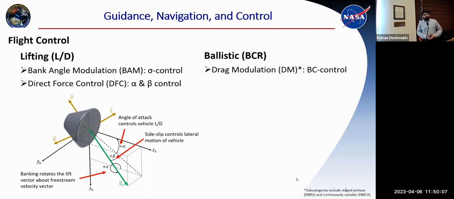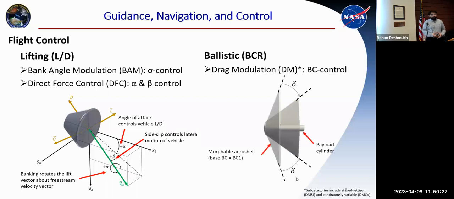The next option is drag modulation. Drag modulation is a relatively simplistic control, which just controls the drag force that the vehicle imparts as it flies through the atmosphere. The idea is to use a morphable aeroshell, where you can control the amount of drag the vehicle produces by modulating the cone angle of the aeroshell.